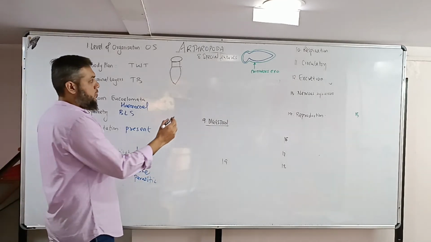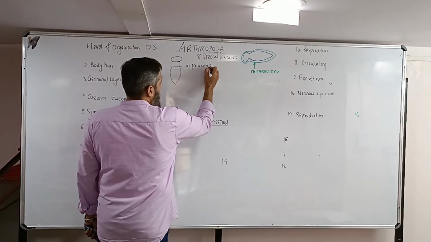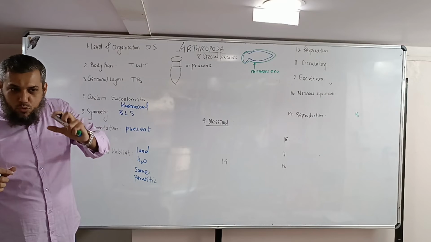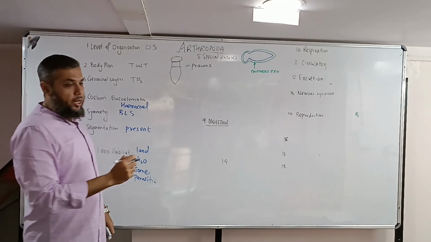In the case of prawns, you know prawns, the tasty ones, the head and thorax are fused. Head and thorax are fused, it's called cephalothorax. Remember that.